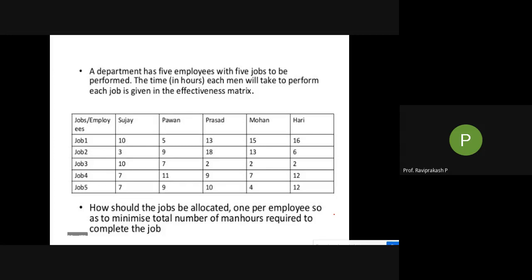So take it down. Done taking down, students, the matrix?